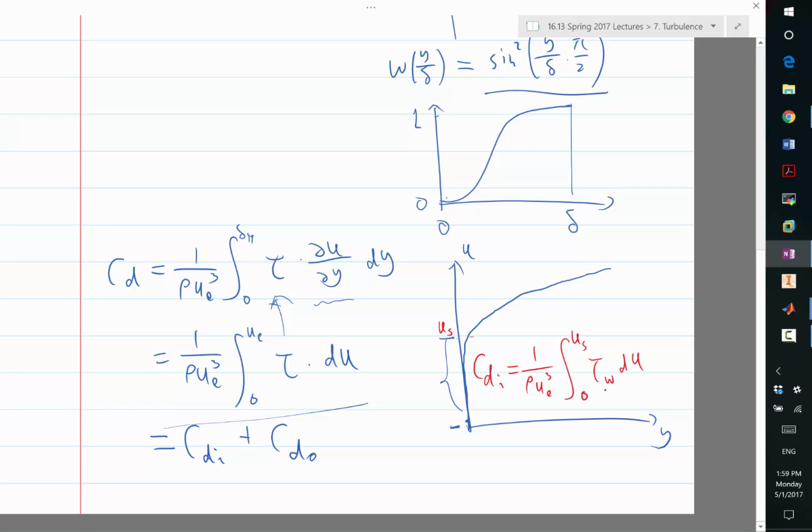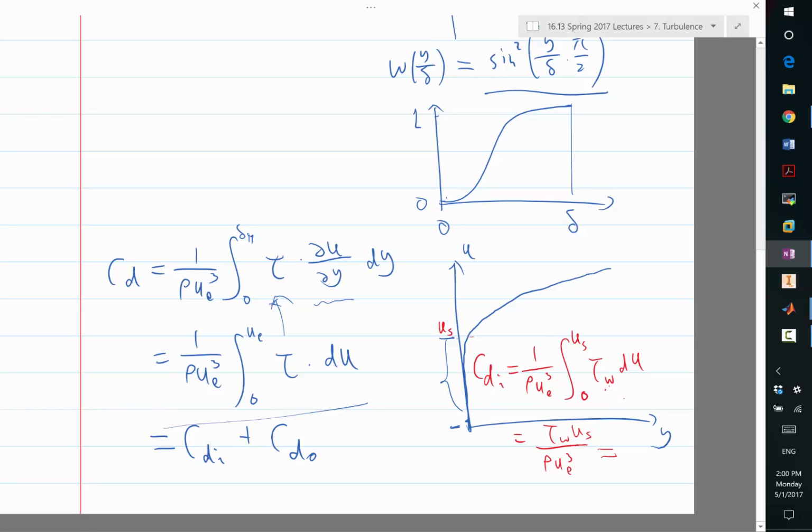And tau wall is constant. If tau wall is constant, it can be pulled out of the integration. And the integration just becomes what? Integration of du, which gets me US. That's right. Okay, so that's CD inner.